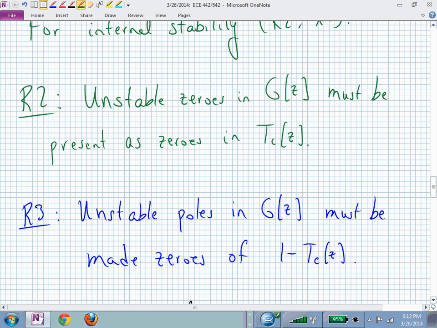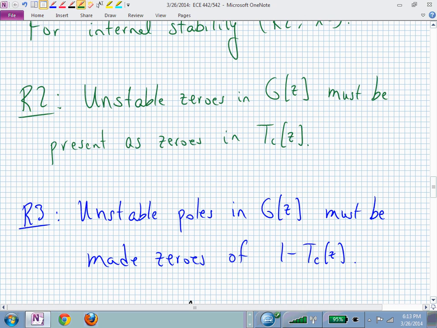Do you know how to pick N or D? N sub t of z or D sub t of z? Or at least part of it. What's restriction 2 say? If you have an unstable zero, put that unstable zero factor as a piece of t sub c of z.